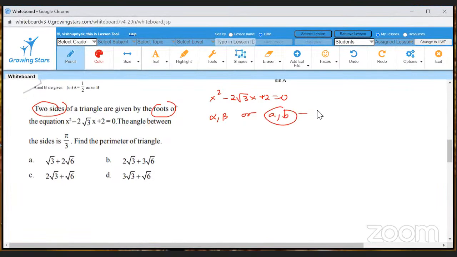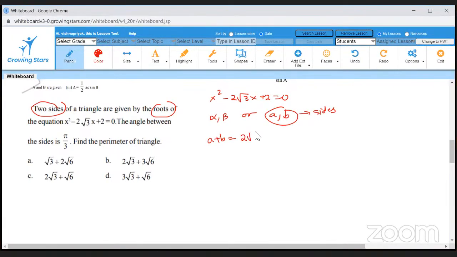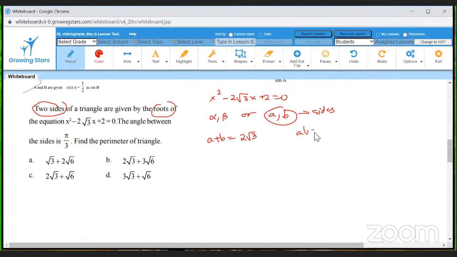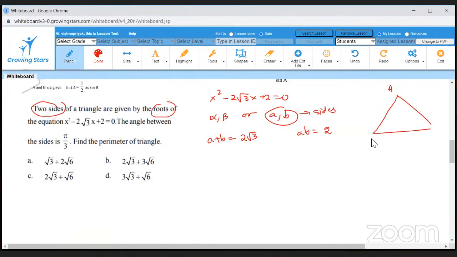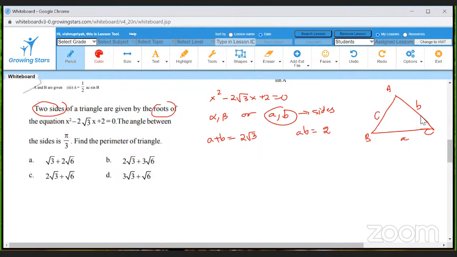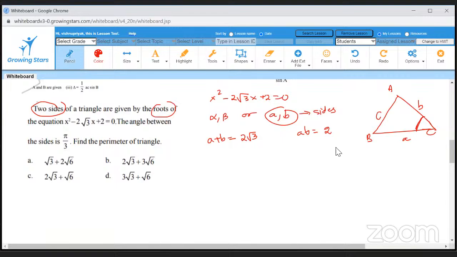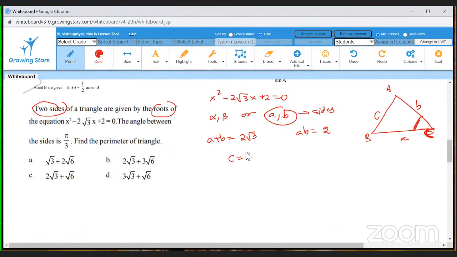So sum of the roots you can take as minus b by a, product of the roots as c by a. Now, if you take the triangle ABC, the angle between sides A and B is angle C. So angle C is given as pi by 3.